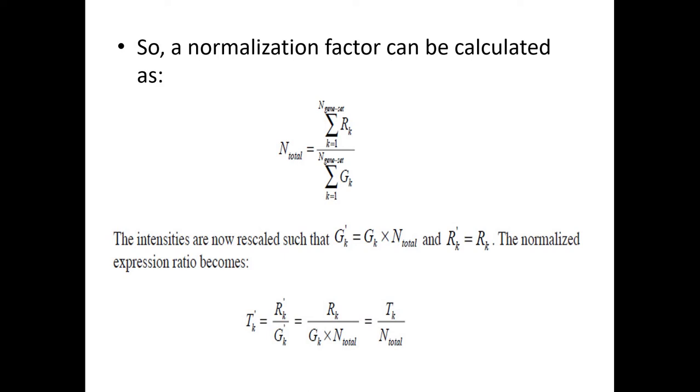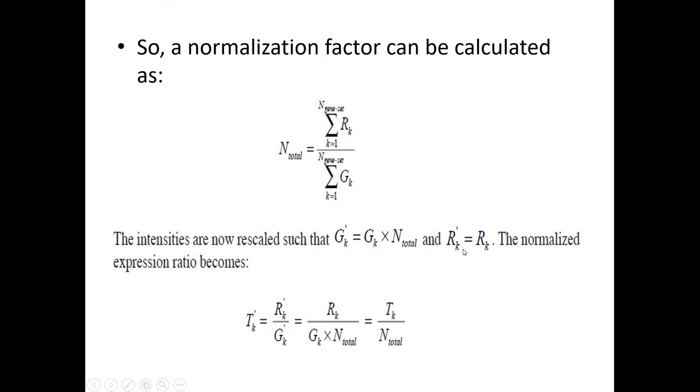This is the normalization factor. By this formula, intensities are now rescaled such that GK dash, the rescaled value, is equal to GK multiplied by N total.